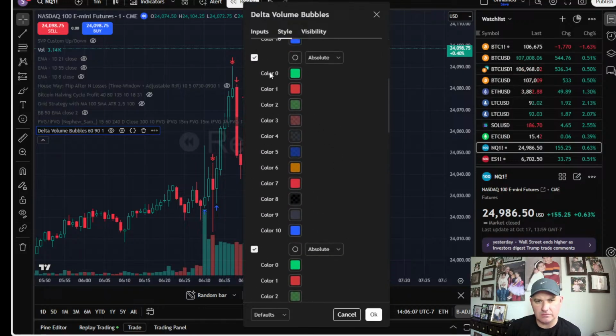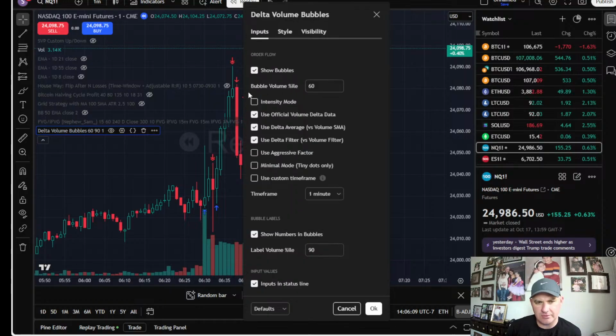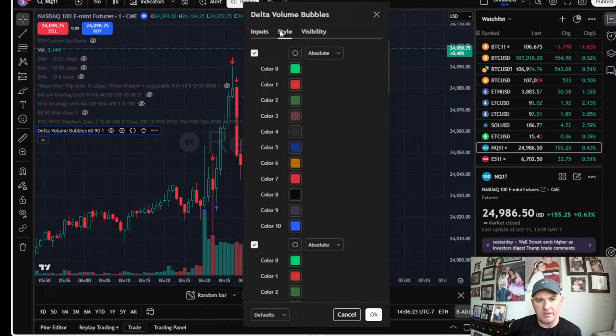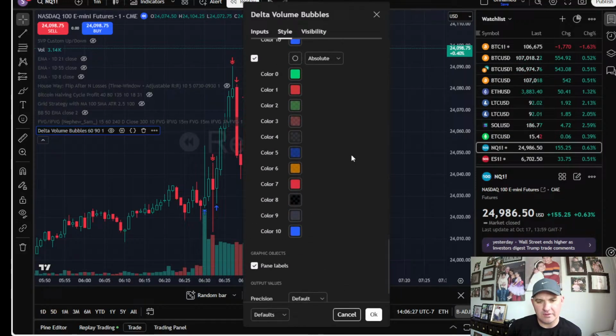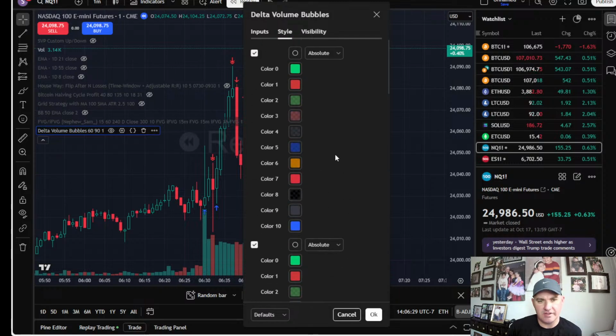Seems like it won't. Let's see, inputs, time frame, label. Yeah, I don't know if the code is holding it back, and it's also not available in the settings.